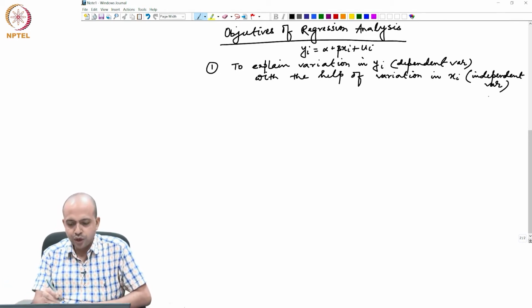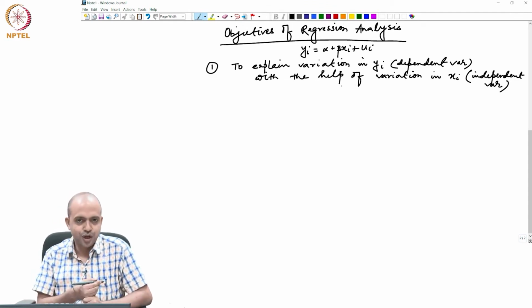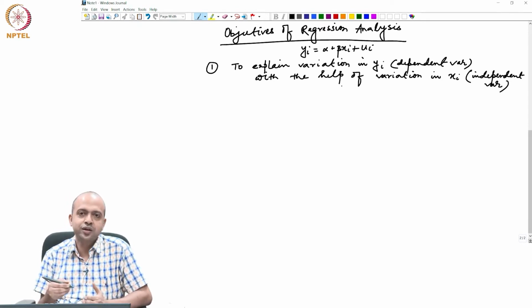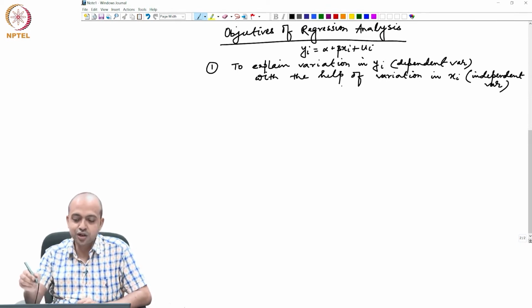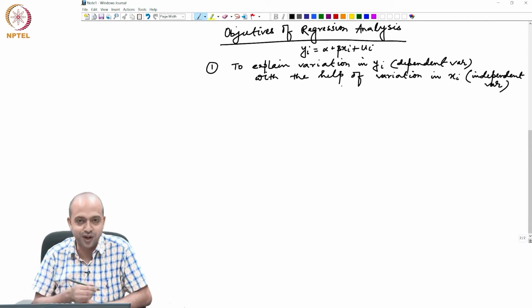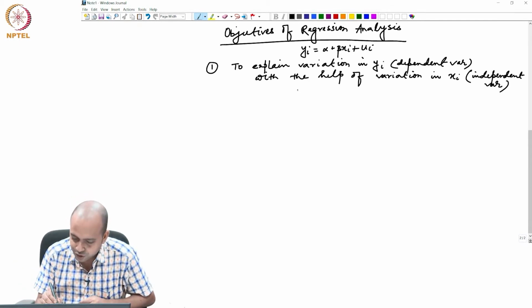Okay. Now, when I am saying explain the variation, this is basically variance I am talking about, and variance is always defined as a deviation from the mean. So, you can say that the objective of the regression analysis is to explain the variation in y around its mean value, variation in yi around its mean value, that means yi minus y bar.